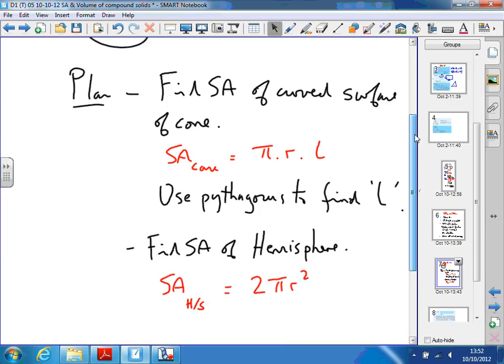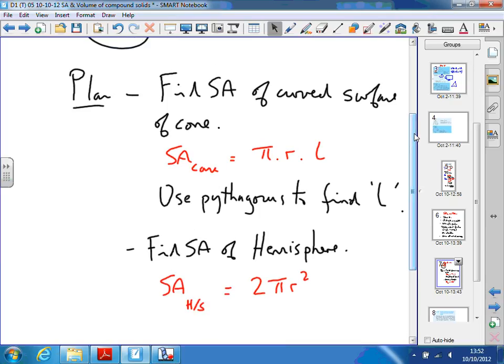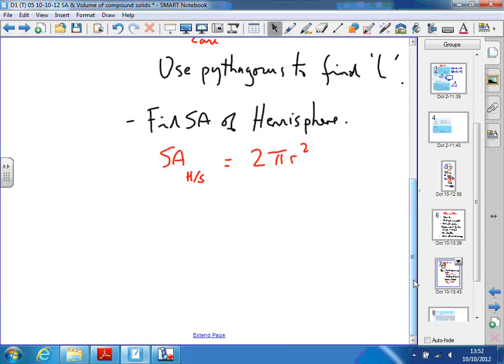Okay, so having identified the plan, find the curved surface area of the cone, which is pi r L. We know how to find L using Pythagoras. And finding the surface area of the hemisphere, 2 pi r squared. We just do our calculations. So, surface area of the cone equals pi times r times L, pi times the radius, which is 2, times L. If you want to, you can do it in one hit on the calculator.